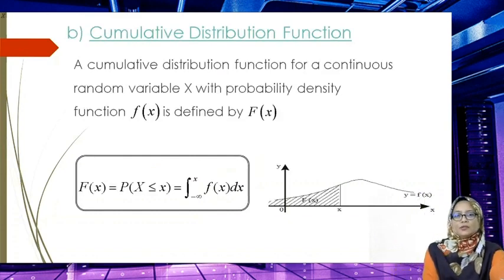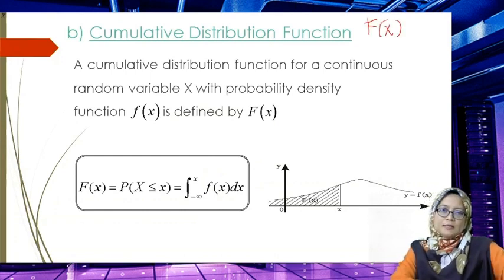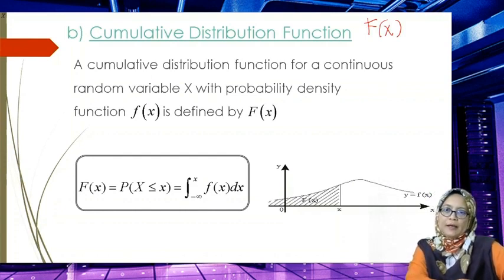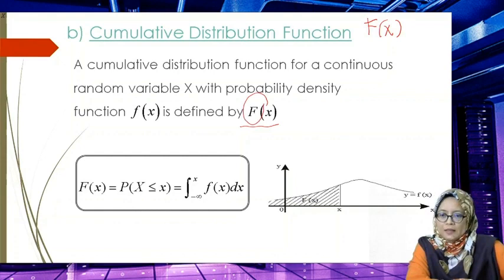Okay, so then kita masuk untuk cumulative distribution function. So kalau cumulative means that sekarang ni kita akan cari F besar, capital F. So cumulative distribution function of a continuous random variable x with probability density function is defined by fx, so capital F. Okay, so means that cumulative kita akan accumulate daripada negative infinity sampai a certain value of x.